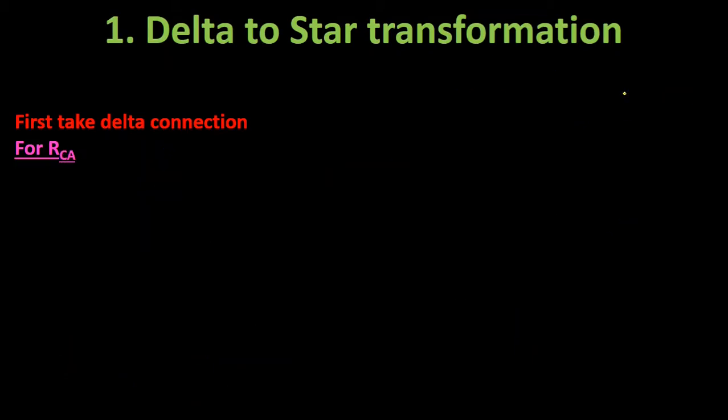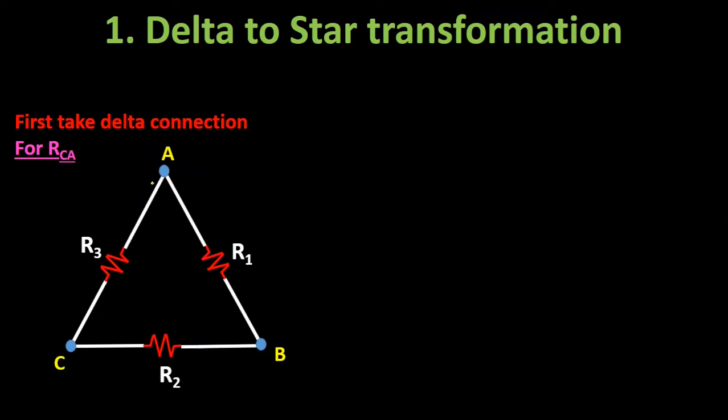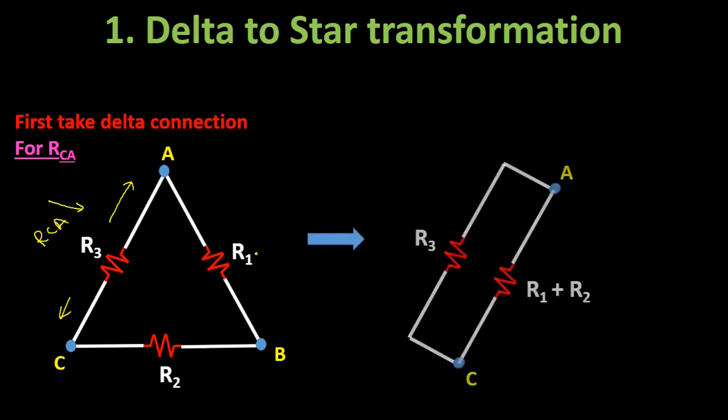Now we find out RCA. Again we take delta connected network. So RCA will be across A and C. This is RCA and we have to see from this side to find RCA. So from this side if we see, then this resistance R3 will be in parallel with R2 and R1 series combination. So this circuit will turn like this.